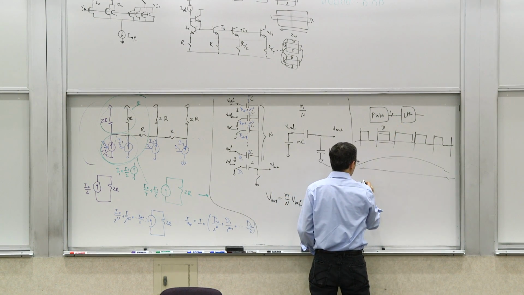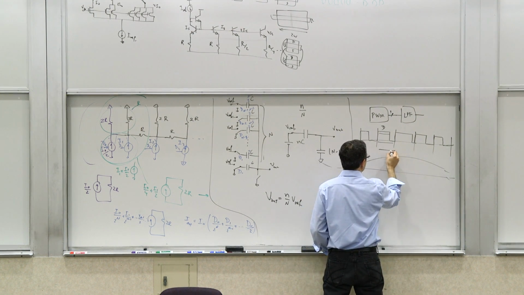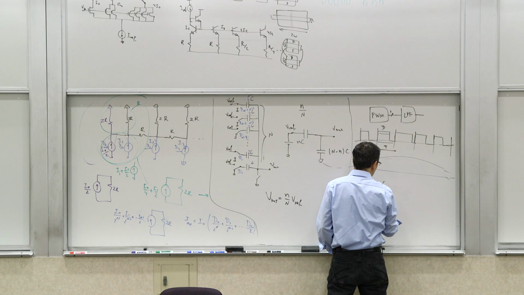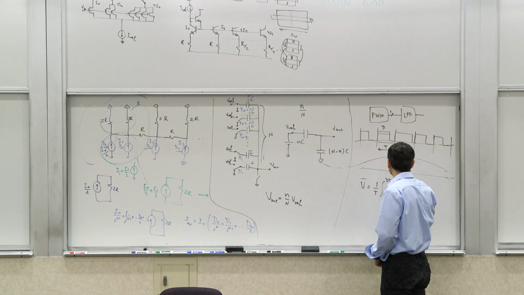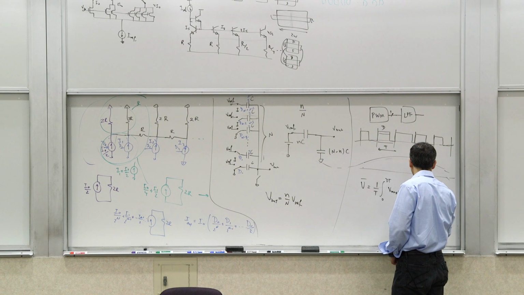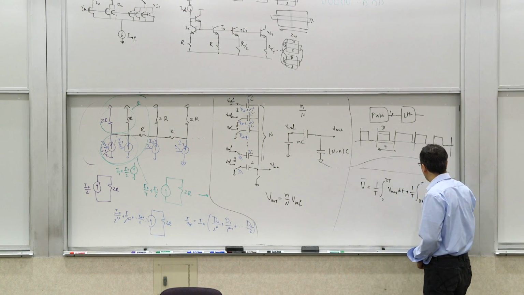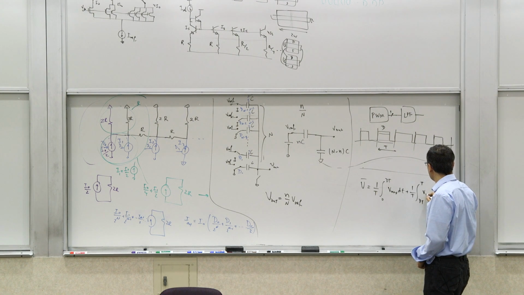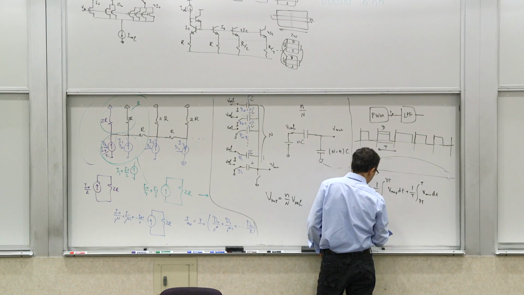So let's say the average of that voltage is going to be what? It's 1 over T, so let's say this is the period, integral from 0 to dT of V max, could be 1, dt, plus 1 over T integral from dT to T of V min dt. And if you write these two, you will see that these T's cancel.